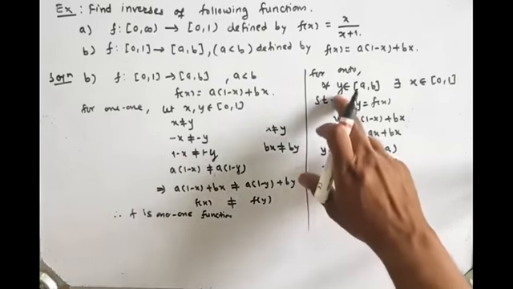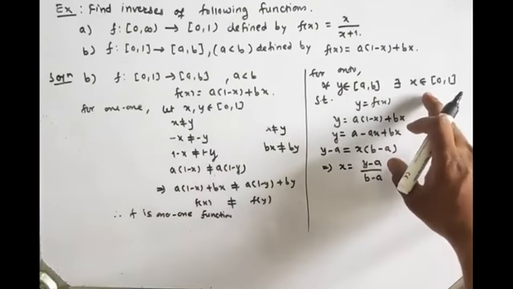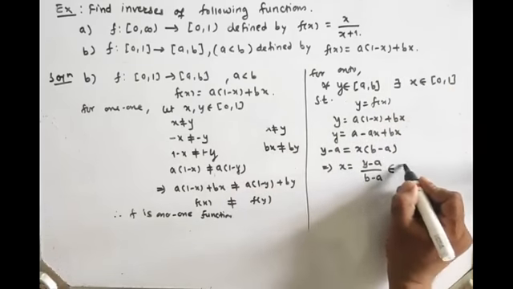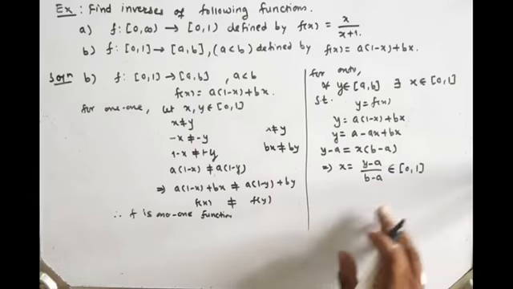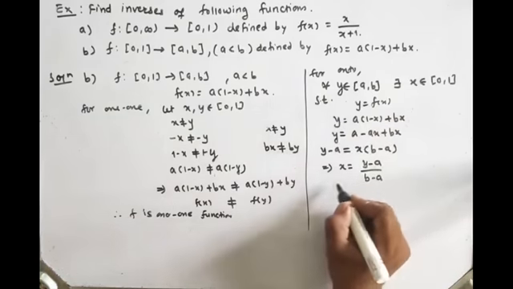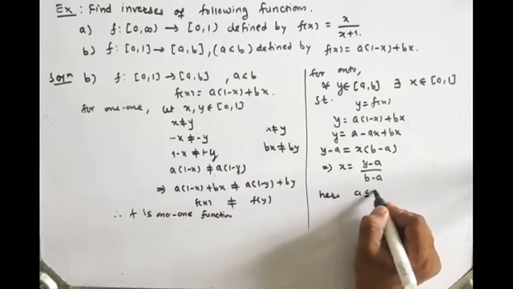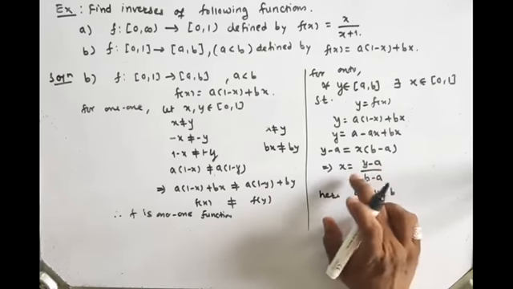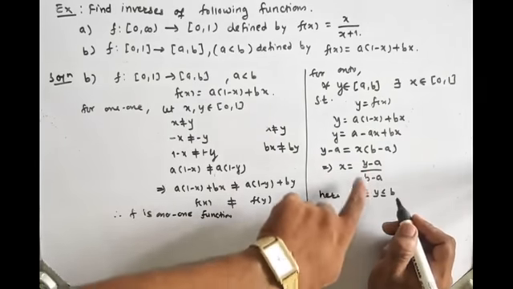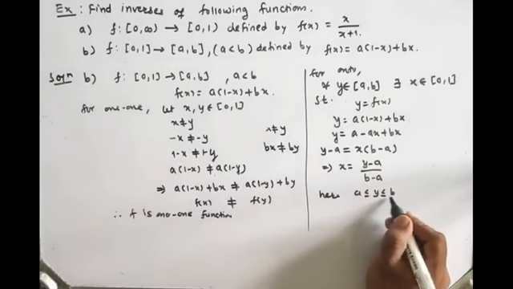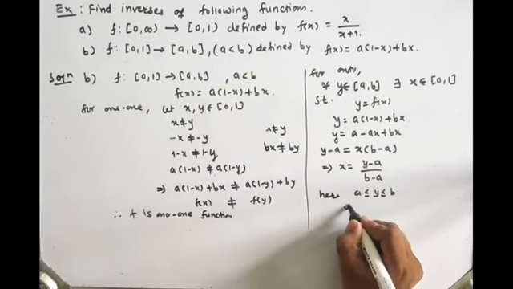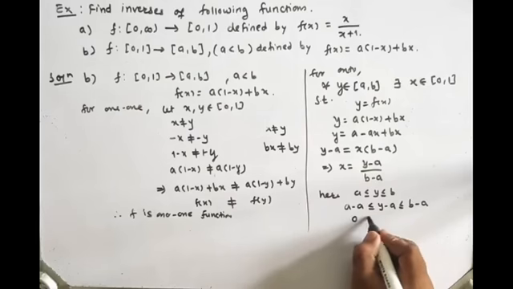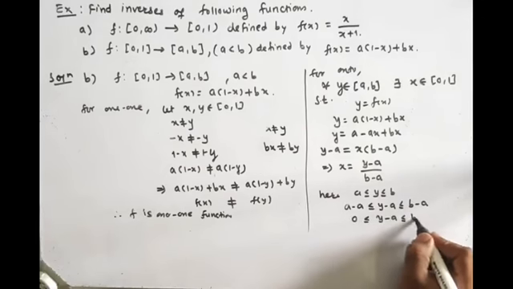Now here, for all y belonging to closed ab, we have to find x belonging to closed 0 1. That means we have to check whether this belongs to 0 to 1 or not. Now, we are given a less than or equal to y less than or equal to b. To check that y minus a upon b minus a belongs to 0 1, subtract a throughout, so a minus a is less than or equal to y minus a, less than or equal to b minus a. So 0 is less than or equal to y minus a, less than or equal to b minus a.